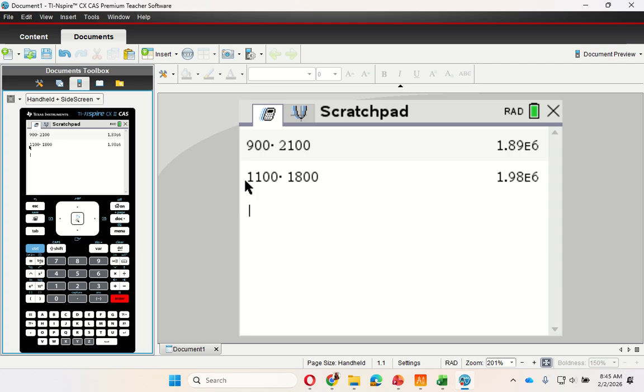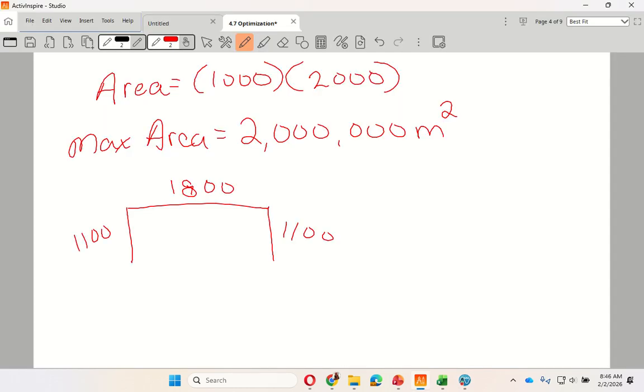So by going either side of this, the most I could get is my 2 million, because that's what we plugged in.